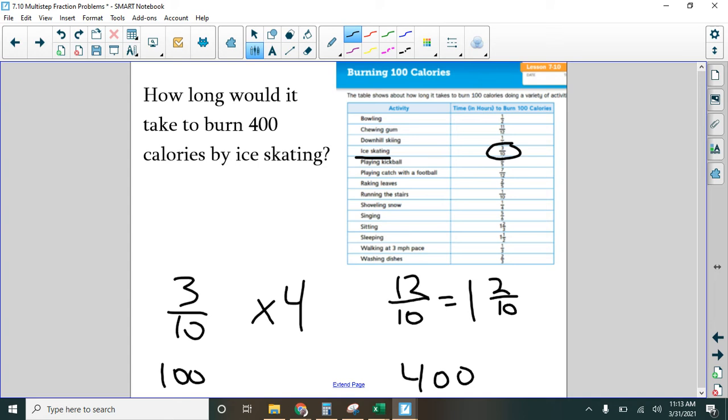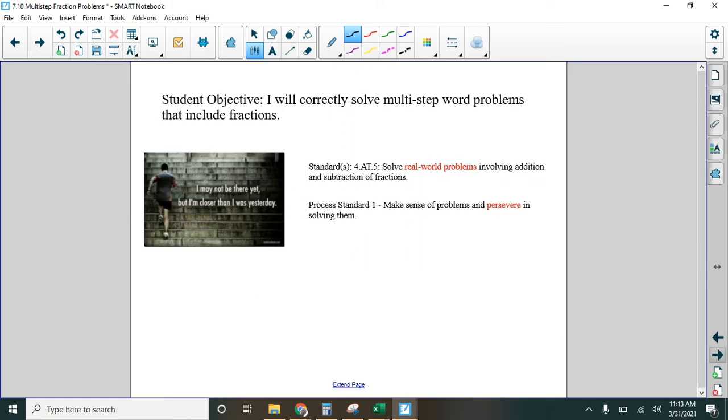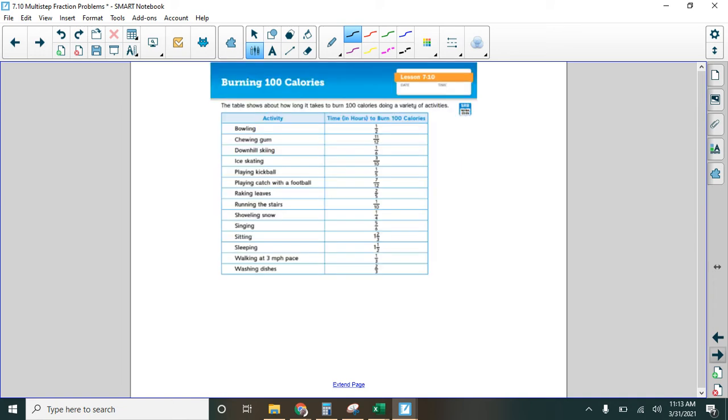If I wanted to decide that in minutes, well, this would be 60 minutes. 2/10, remember we said that a tenth, if you took 60 minutes and divided it into tenths, into 10 parts, each of those parts would be 6 minutes. So 2 of them would be 12 minutes. Okay, so that's how you can break this apart. All right, there's our objective to solve multi-step word problems, including fractions.